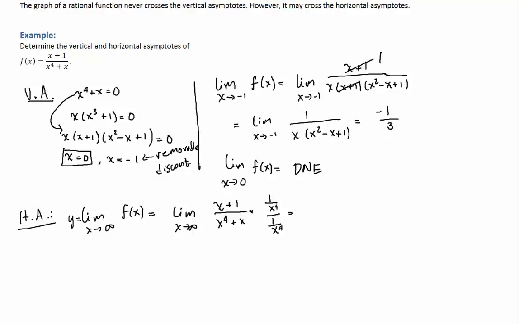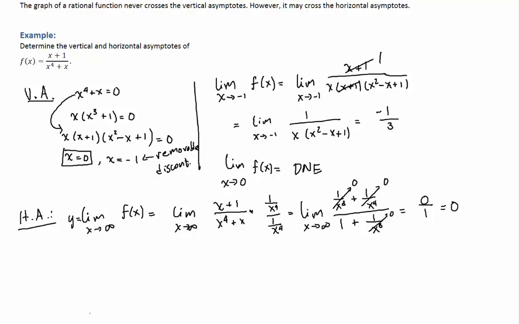What I achieve by doing this is an expression of the following form. I distribute this term here and I get 1 over x cubed plus 1 over x to the fourth, divided by 1 plus 1 over x cubed. This term right here, as x goes to positive or negative infinity, is going to be 0, this one as well, and this one as well. So you're left with 0 over 1, regardless of whether you're going to positive or negative infinity. It's 0 over 1, which is just 0.